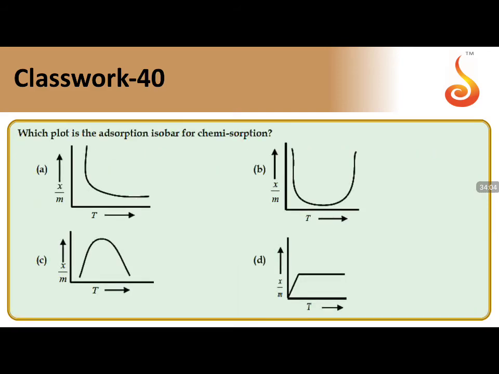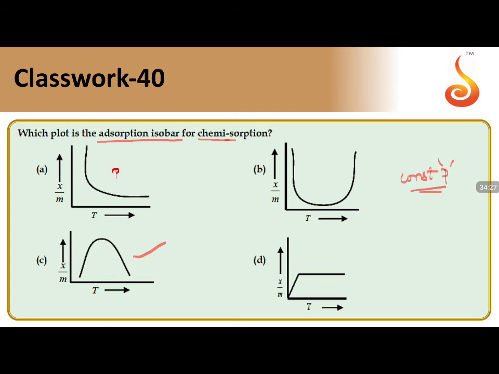Coming to 40, which plot is the adsorption isobar for chemisorption? Isobar means it is carried out at constant pressure. Now X by M versus T for chemisorption increases with temperature and then decreases.